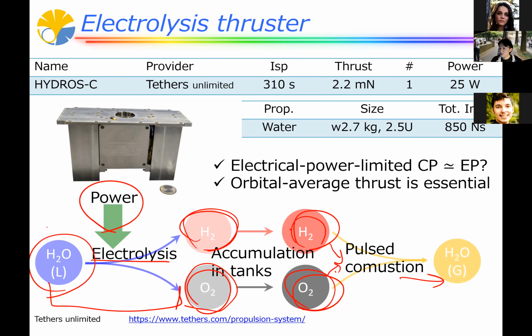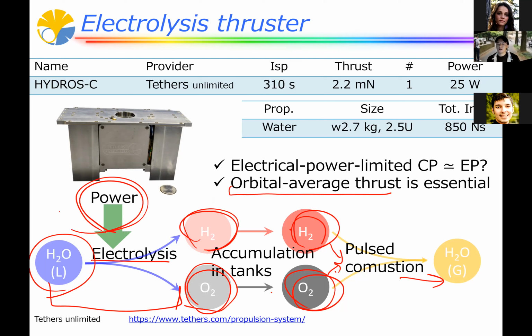Another important point is that average thrust is very important here. From its principle, it accumulates the gas in the tank, and after that, it combusts that gas. So the operation mode is a pulsed operation mode. But its pulse frequency and the total impulse are limited by this electrical power.